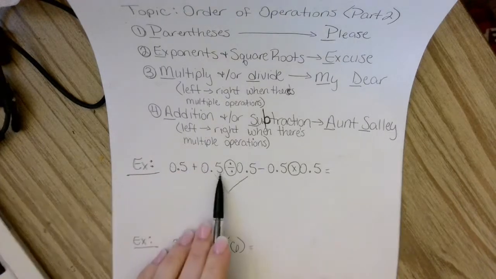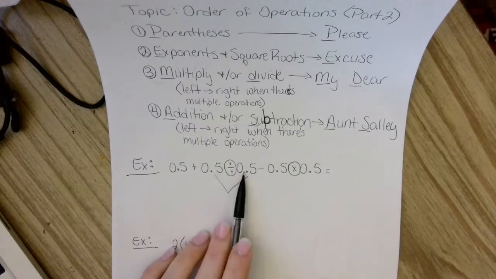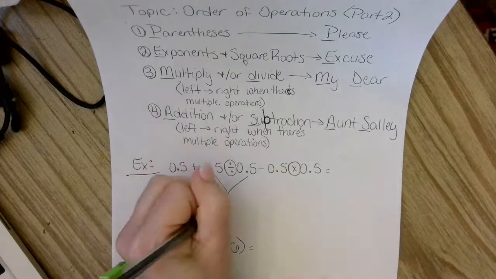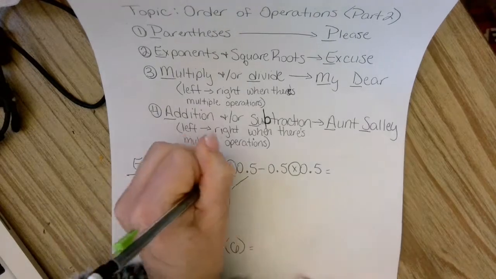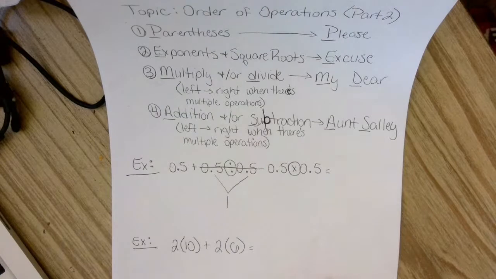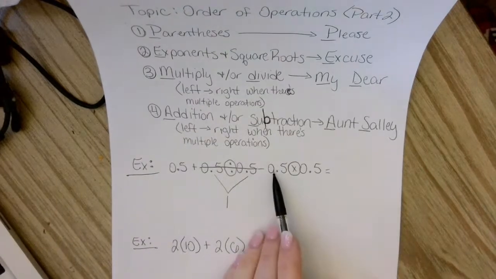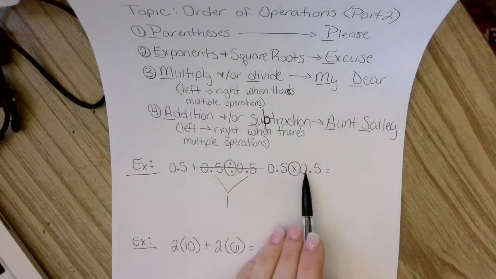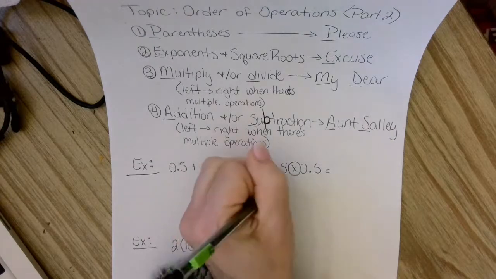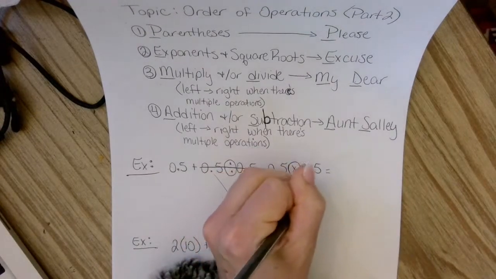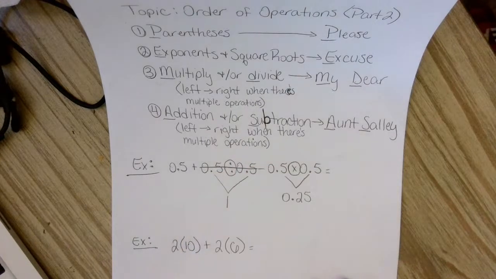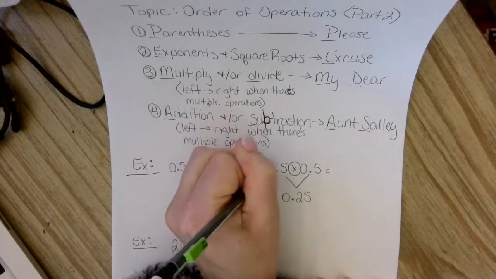So 0.5 divided by 0.5 is going to give me 1. So I'm finished with that part. Then 0.5 times 0.5 is going to give me 0.25. So now I'm finished with that part.